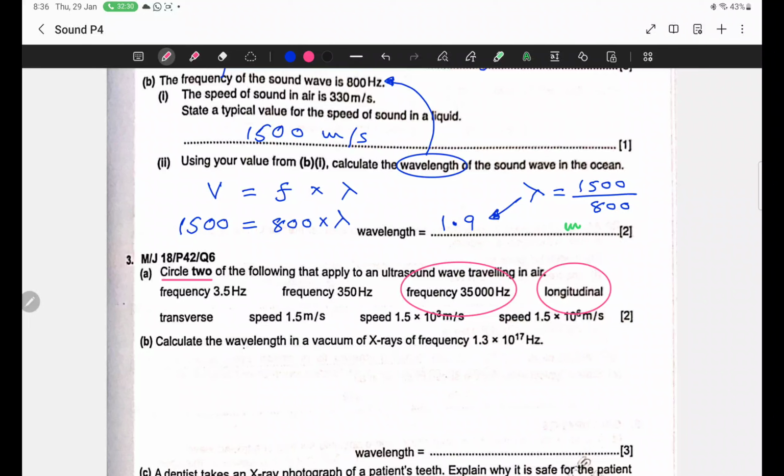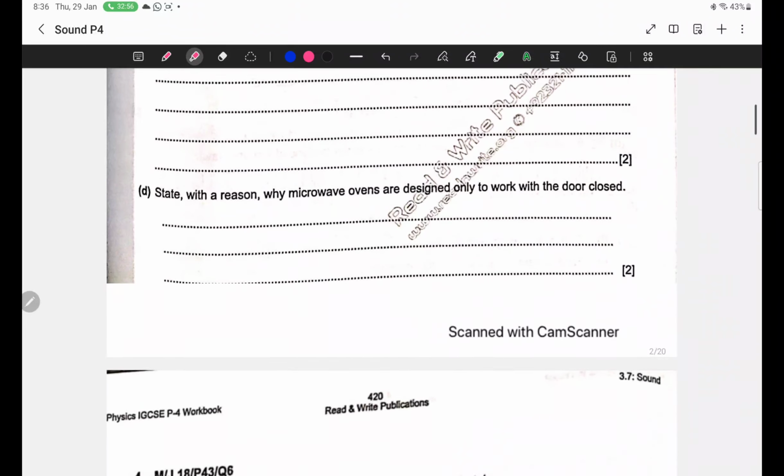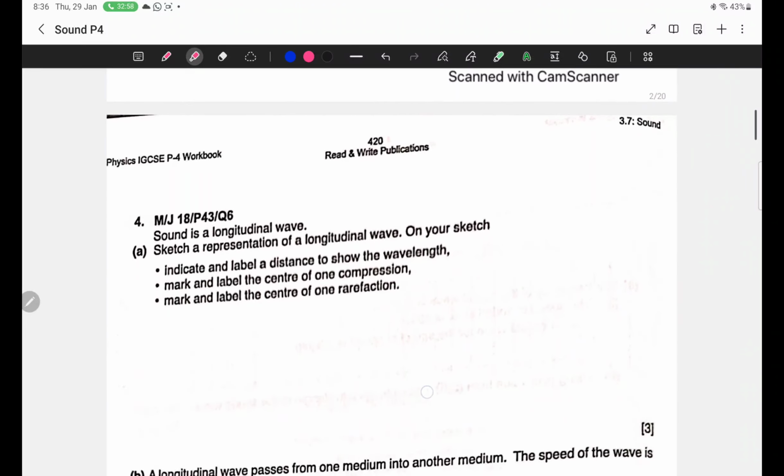If the frequency is 35,000, it means it is greater than 20,000. So we have only two circles here: number one, the frequency of ultrasound is 35,000, and number two, it is a longitudinal wave. The next question is about X-ray, which we cannot solve right now because this is not a sound wave question.